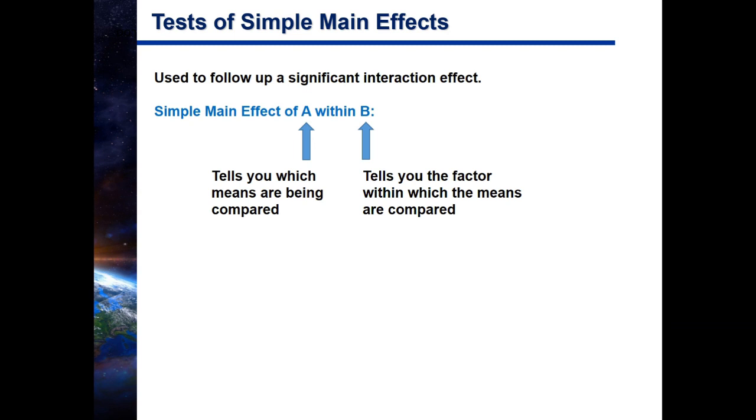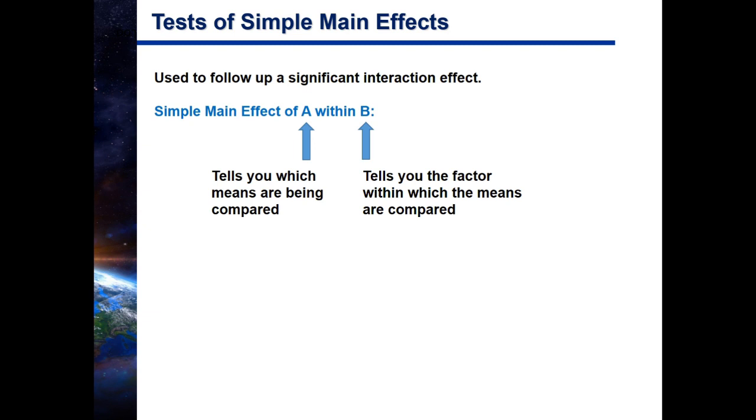But to formally conduct tests of simple main effects, what you need to do is run additional tests. In a way, they are like post hoc tests. All right. So let me just back up for a second and talk about main effects, significant main effects.